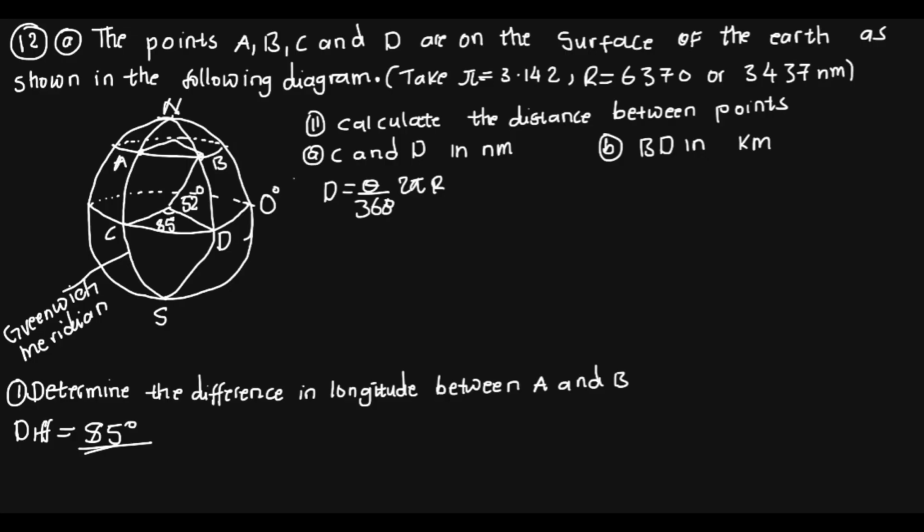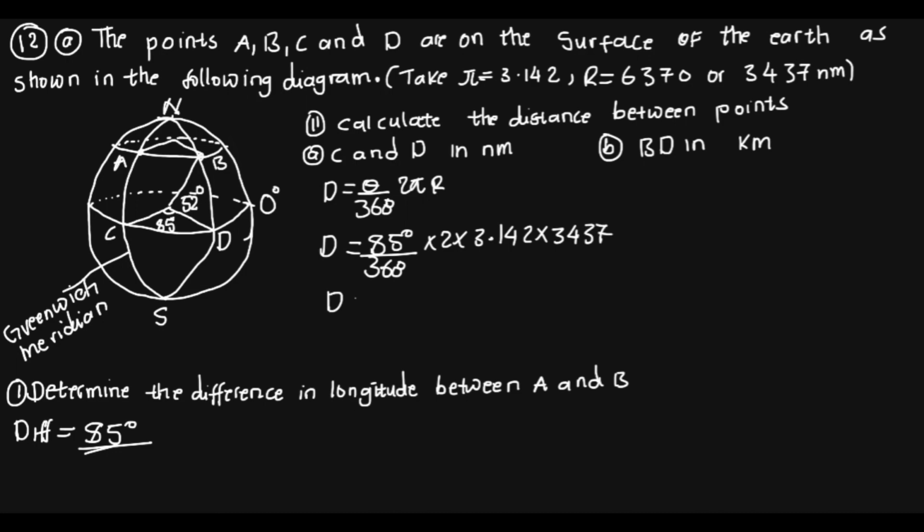So whenever you are looking for the distance along the equator, you can just write the formula up to 2 pi r. So distance is equal to, now the difference in longitude for C and D is 85, over 360 times 2 times 3.142 times the radius in nautical miles, 37.